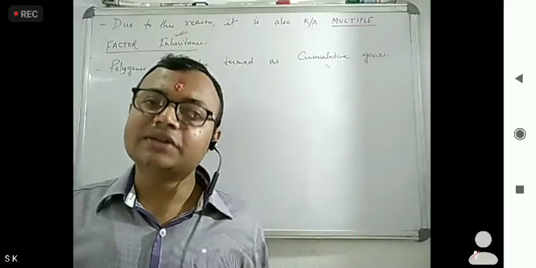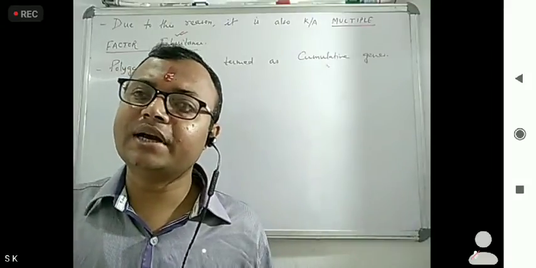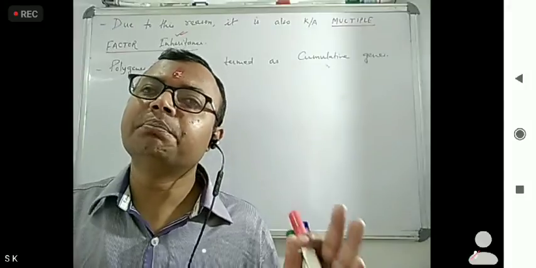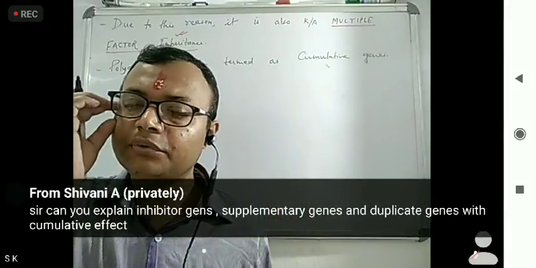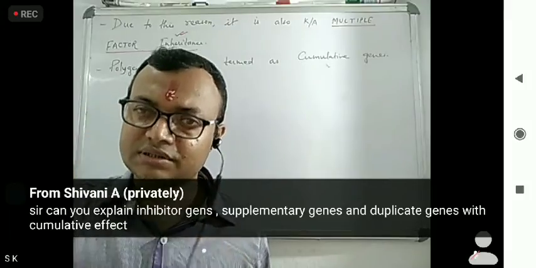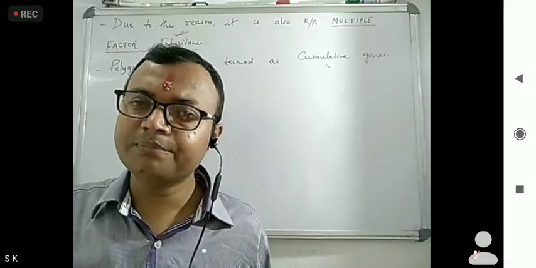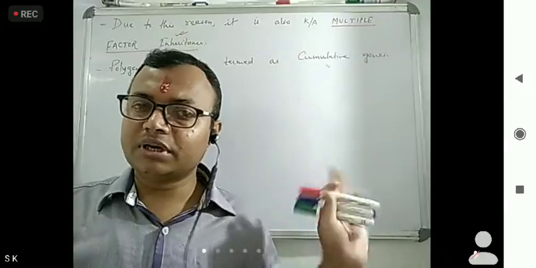Okay, and that's why quantitative inheritance is also known as blending inheritance. This blending inheritance, one question was already asked, which we will discuss after some time. Okay, so what questions will come, we will see.